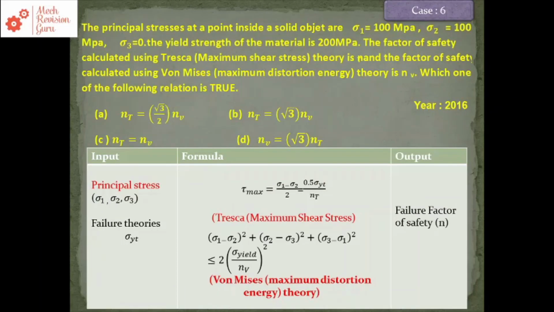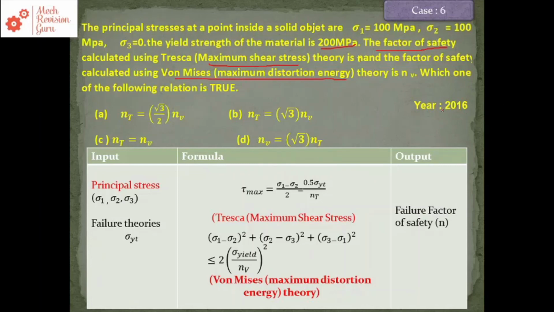In case 6, it's an interesting problem. In this problem, they gave three principal stresses and also the yield stress of 200 megapascal. They are asking for the relationship between the factor of safety in the maximum shear stress theory and the von Mises theory.